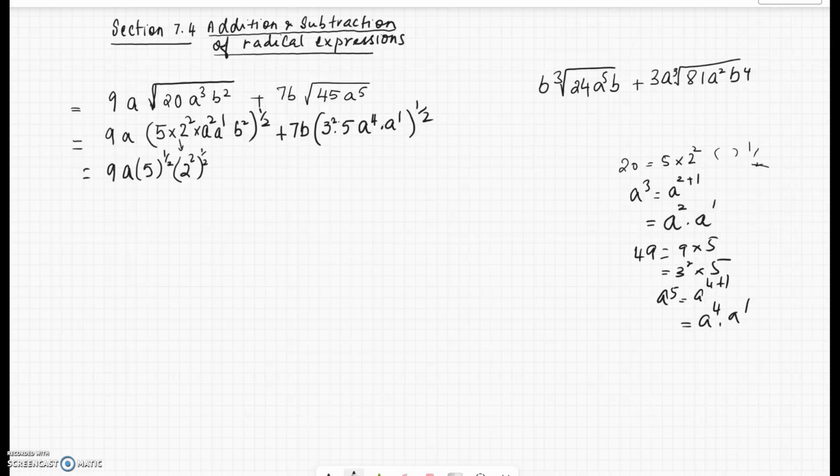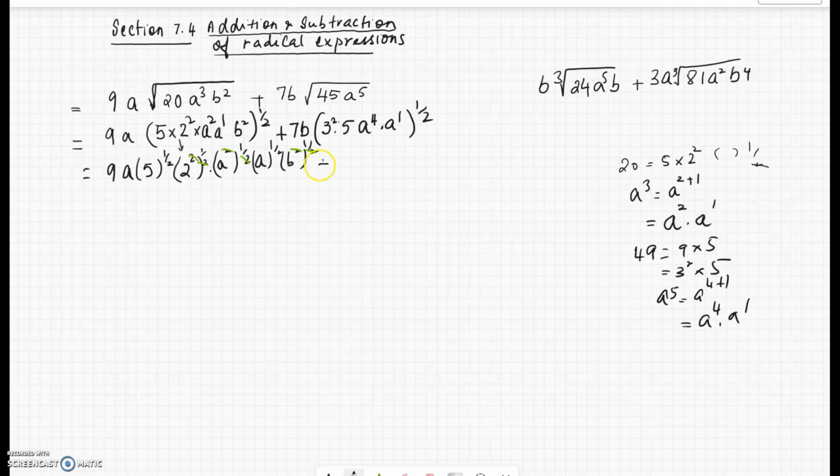So based on the rules of exponents, everything gets raised to the power of half. A squared to the half, a to the half, b squared to the half, and cancel whatever you can. When you multiply the exponents, these get cancelled.